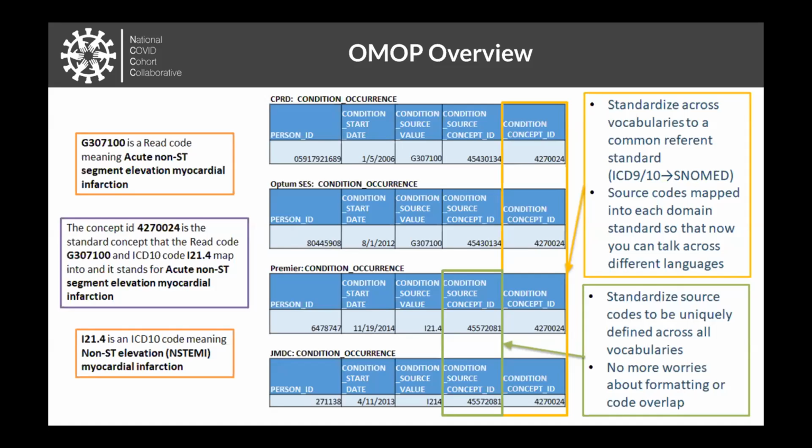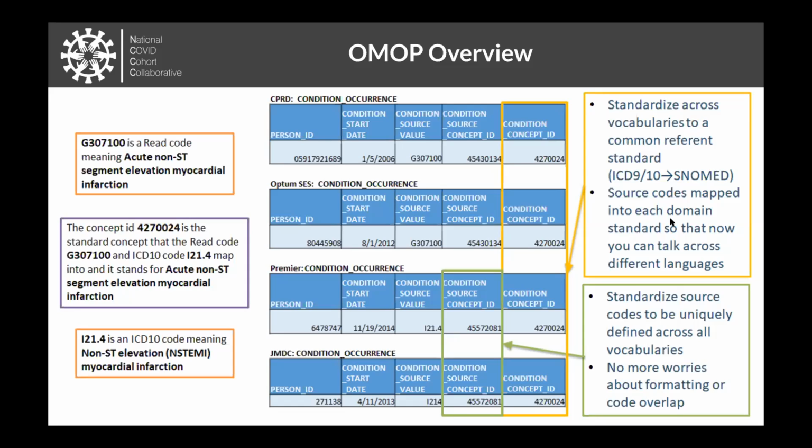You've got that G307 code in CPRD and Optum, and then in Premier you see I21.4, and then in JMDC it's I214. So it's 3 different ways of representing this clinical idea, and then you can see we've also mapped it to a source concept ID. It's a standard way of representing those source codes.